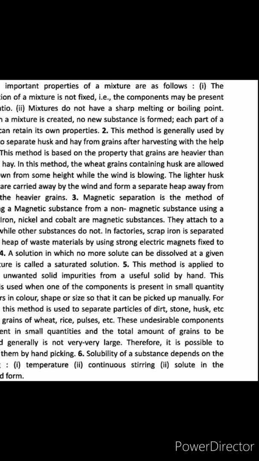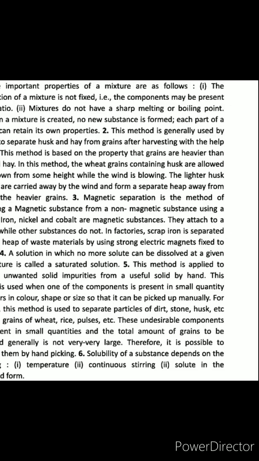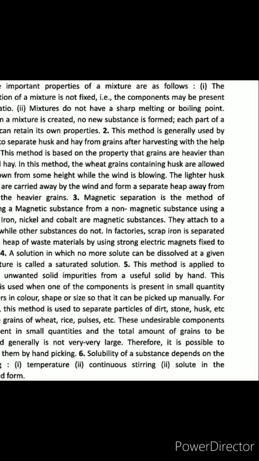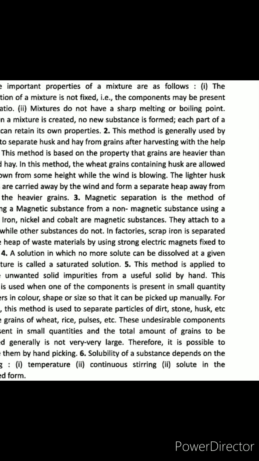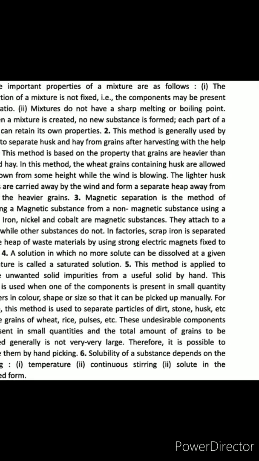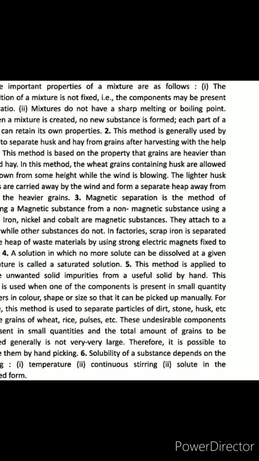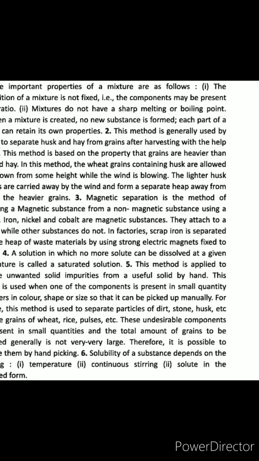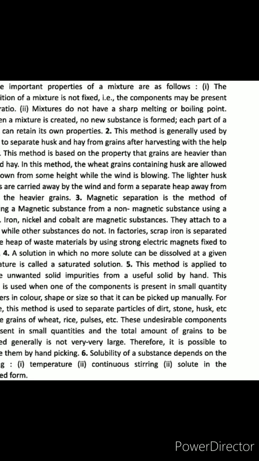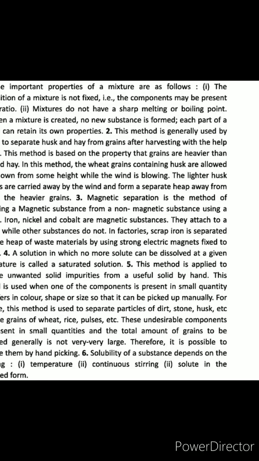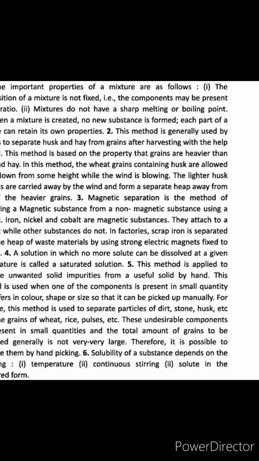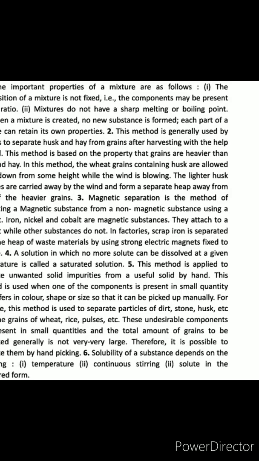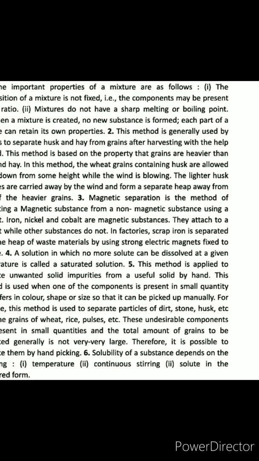This method is based on the property that grains are heavier than husk and hay. This is the main property. That's why, due to wind, husk and hay will fall a little far and grain will fall just straight down.